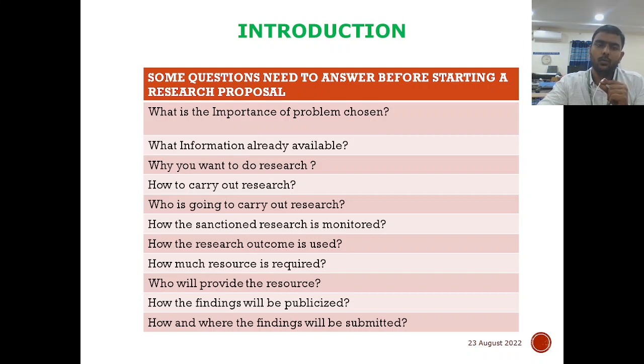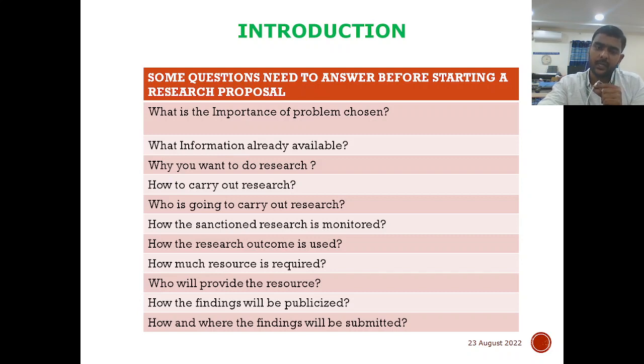So try to read reputed journals, like IEEE Transactions, Springer journals, Elsevier journals, SCI journals. Definitely it will help you to see what work has already been done in the literature.